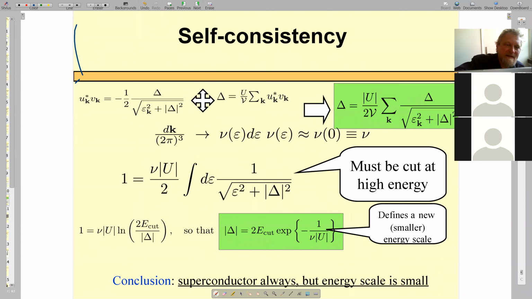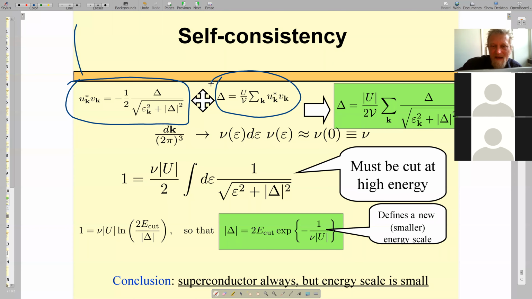So we know the expression for u times v in terms of delta, but we also know that delta is a large sum over u times v. So we substitute each other to make sure that these equations are consistent. And we get a single equation which contains this delta only. All right, then we will crack it.